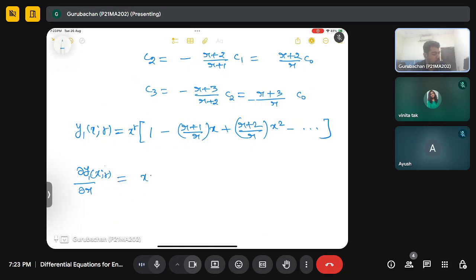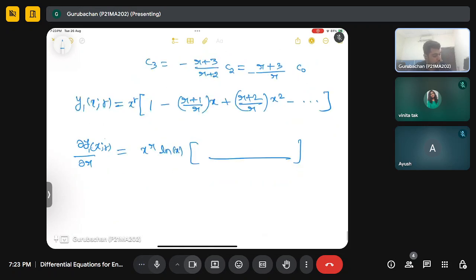One term is x to the power r ln x, and this expression will remain the same, and another is to differentiate the other part. The 1 gives 0, so this will give you 1 by r squared, 1 plus 1 by r, so minus 1 by r squared. So this will give you x by r squared.